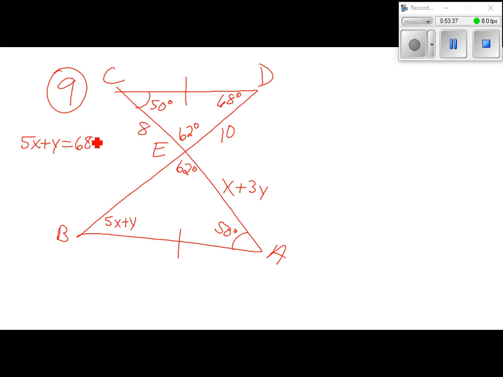Supposed to be congruent, aren't they? Yes. My picture doesn't look like it. What do you know about segment EB? What do you know about segment EA? 8, right? Because it's got to spin around. So what's x plus 3y have to equal? 8.